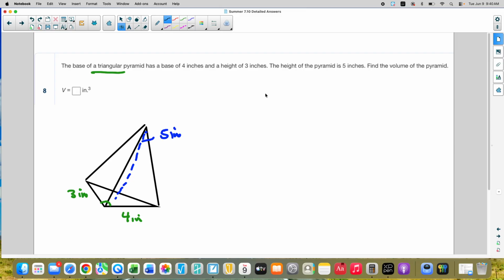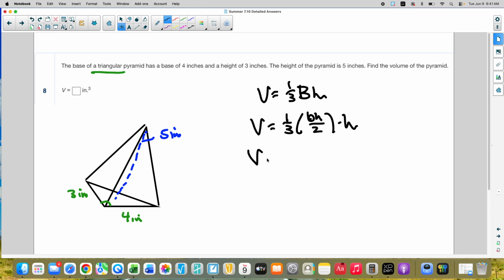We still use the formula. Volume equals 1/3 big B times h, where the base shape this time, instead of being a rectangle, is a triangle. So base times height divided by 2 times the height of the object. The base of the base triangle is 4 inches times 3 inches divided by 2, and then times the height of the object.